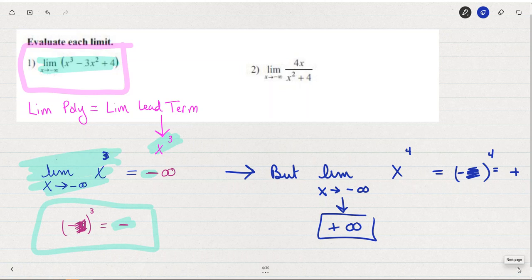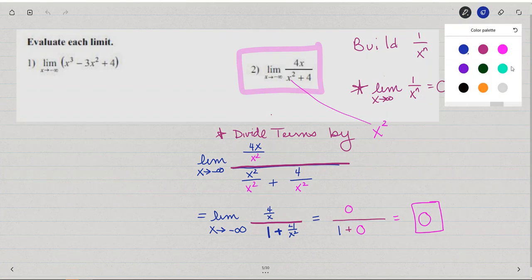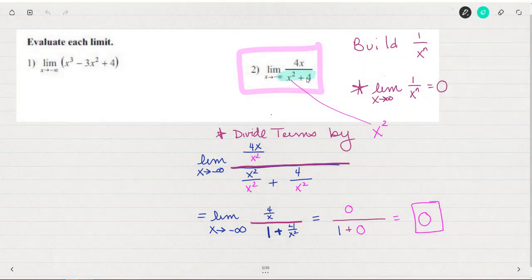Number 2, we also have x approaching negative infinity, but in this case, it's not a polynomial. So what we need to do is build these little 1 over x to the n's. The way we do that is we look in the denominator and we find the lead term in the denominator, which is x squared. So the highest power of x is x squared.